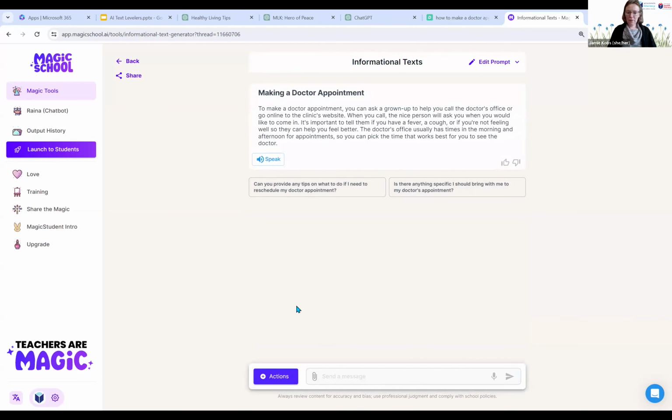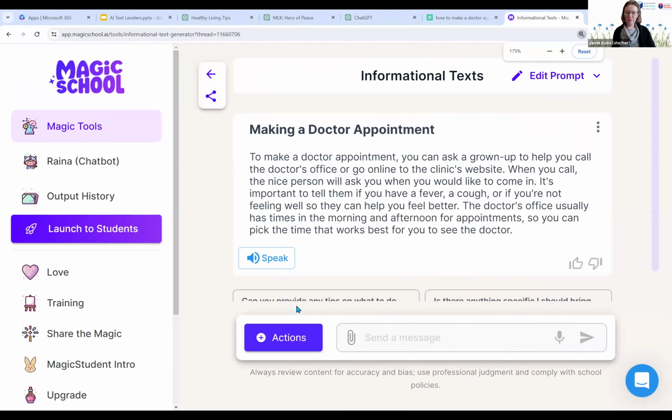Okay. Here's our paragraph from Magic School. There we go with that grown up again. To make a doctor appointment, you can ask a grown up to help you call the doctor's office or go online to the clinic's office.